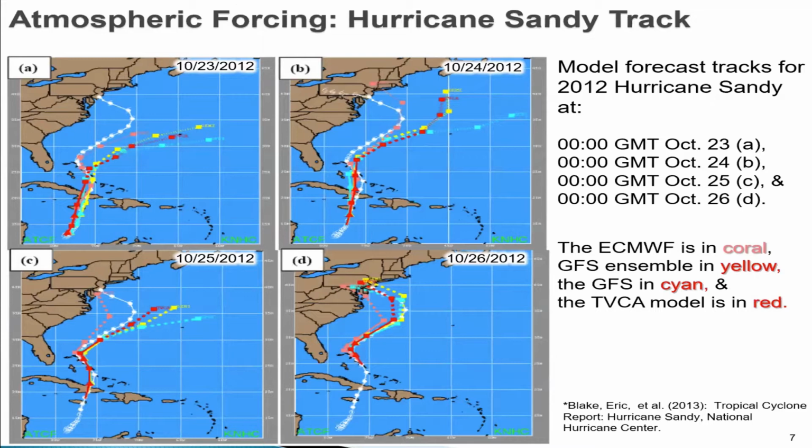The next thing that is our interest is storm tide simulation, and this is showing the Hurricane Sandy track. A, B, C, D is the time track, the hurricane track prediction by different models. Notably, ECMWF is shown by the coral, and which is the first model predicting the track will turn 90 degrees left.